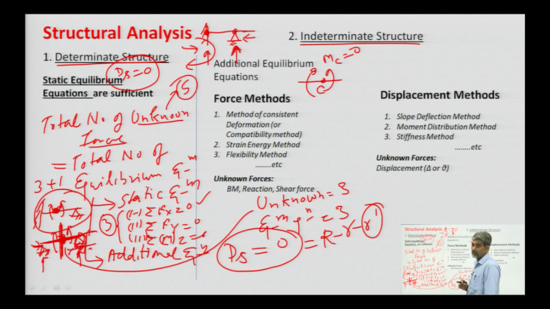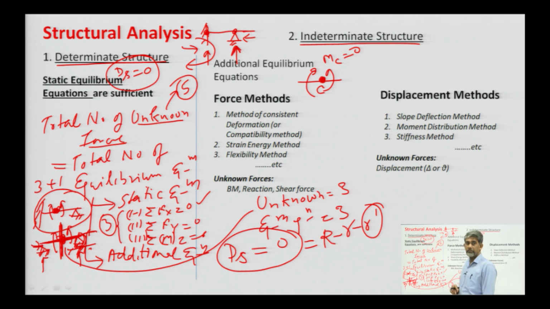No bending strength is possible at this point if an internal hinge has been provided. So, here there are 4 equilibrium equations, but 5 unknown forces.